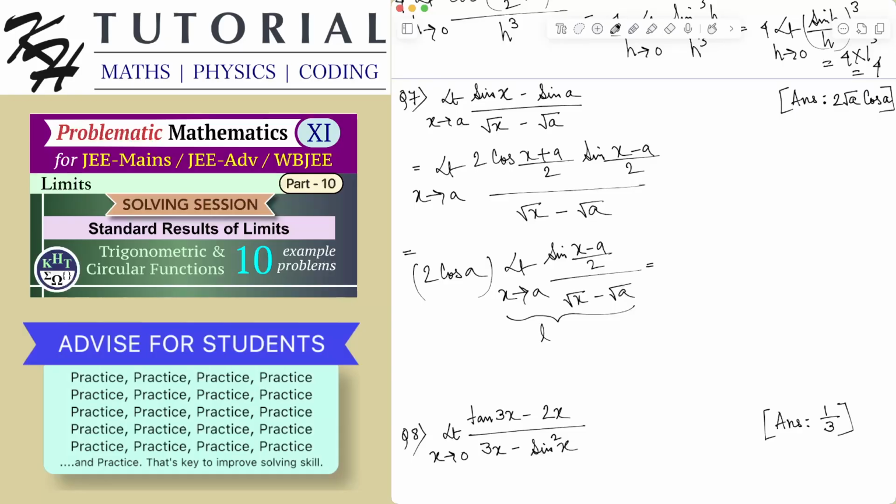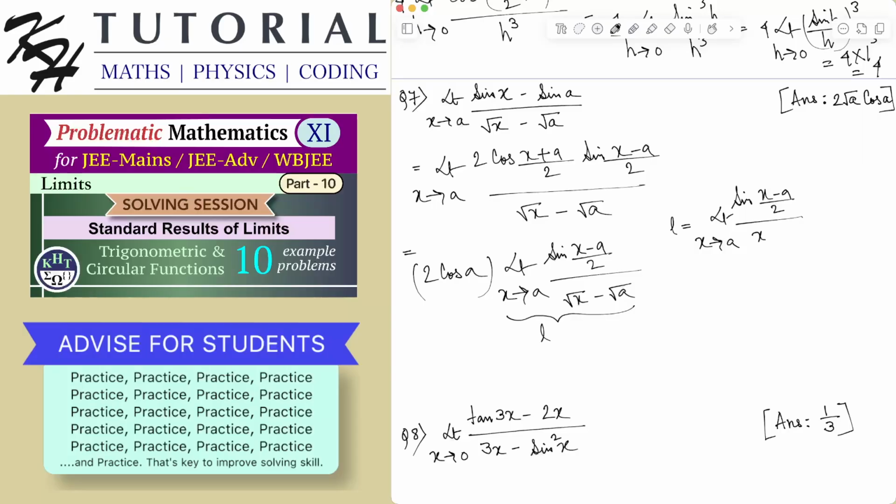So l is limit x tending to a, sin((x minus a) by 2). When x is tending to a, (x minus a) by 2 is tending to 0.